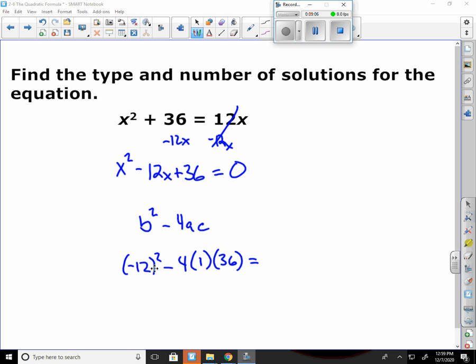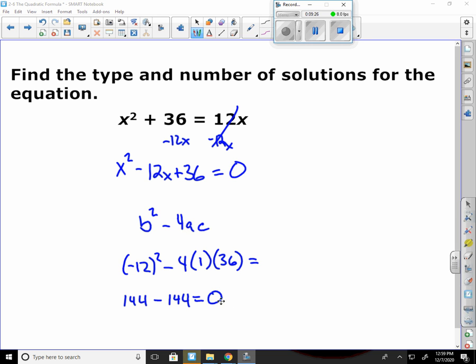Negative 12 squared is 144. 4 times 1 times 36 is also 144. So I get 144 minus 144, that's 0.